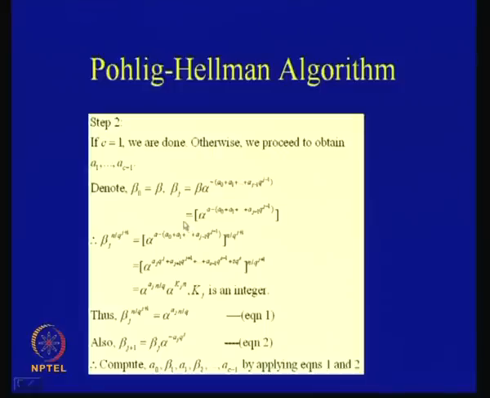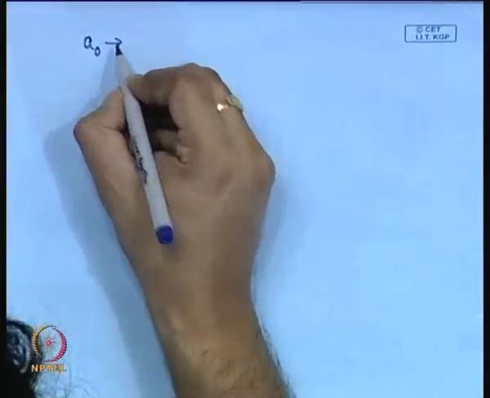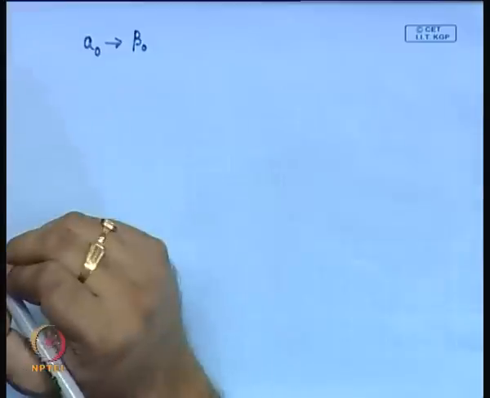So what is the claim here? Let us denote B as equal to beta 0. We engage a recursive technique to obtain the values of A1, A2 and so on. First we get A0, and using this A0 we obtain a value called beta 0.